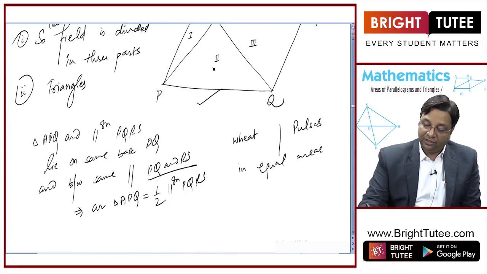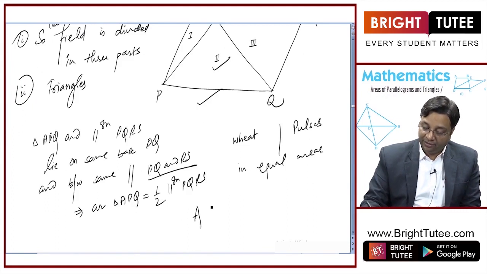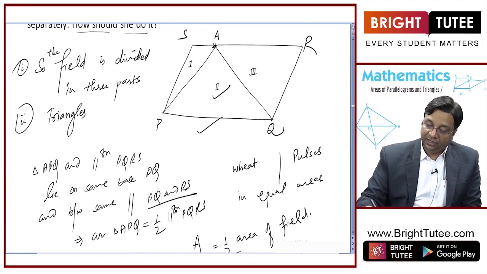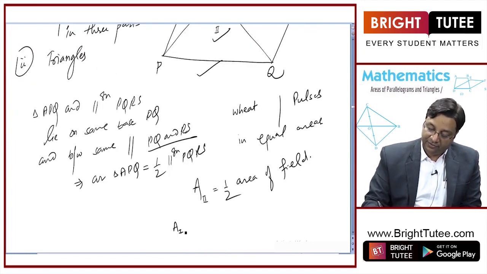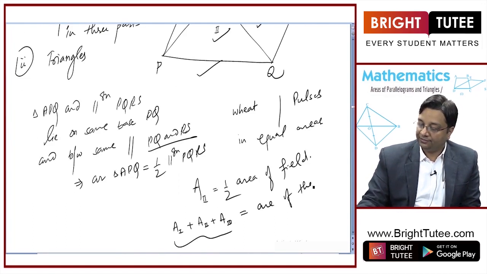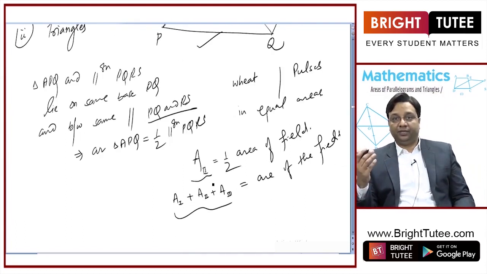So, area of this part of the field, let me denote it by area of this part 2, is equal to half the area of field, right. Now, if I denote this area by A1, this is area A2 and this is the area A3, let us say. What is their sum? It is equal to area of the field. Okay. And A2 is half the area of this field, right.